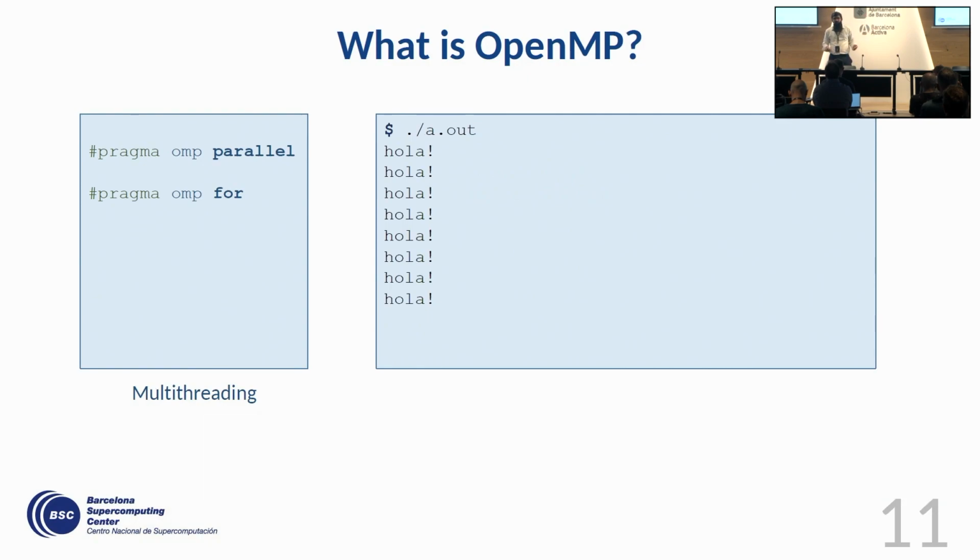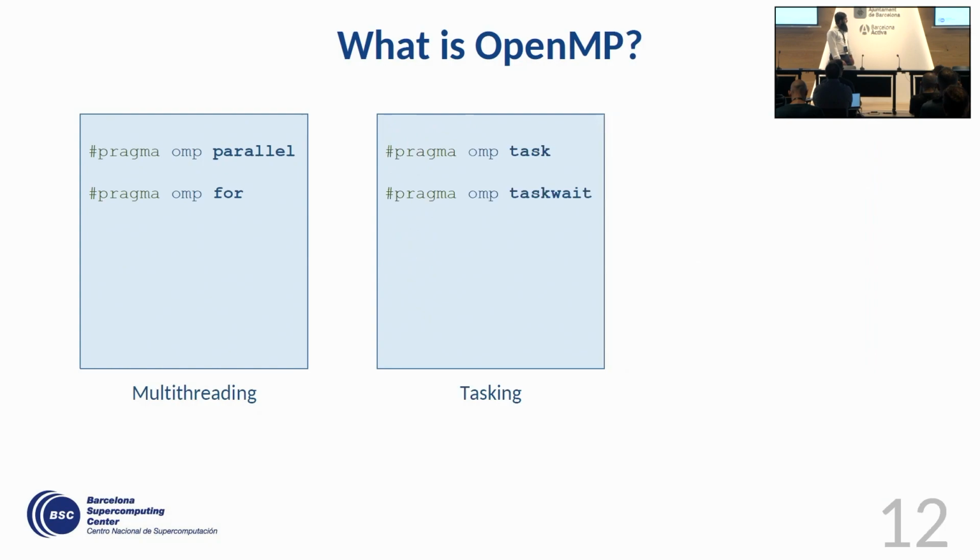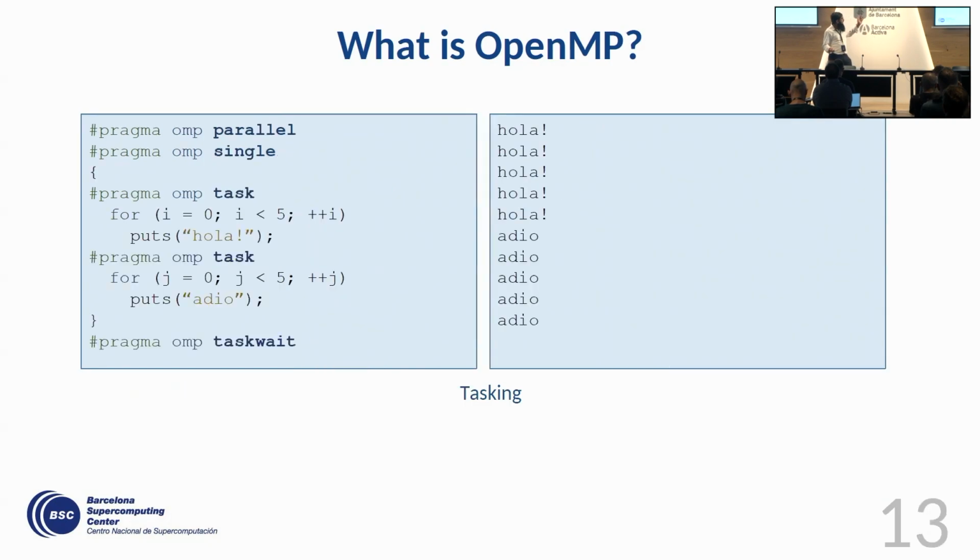With one line of code, we achieve multi-threading. Another feature is tasking. With tasking, we can make tasks, and they can run concurrently. This line of code runs these two blocks concurrently, and the output can be shown like this or this because they are running concurrently, and we cannot predict the order on a particular system.